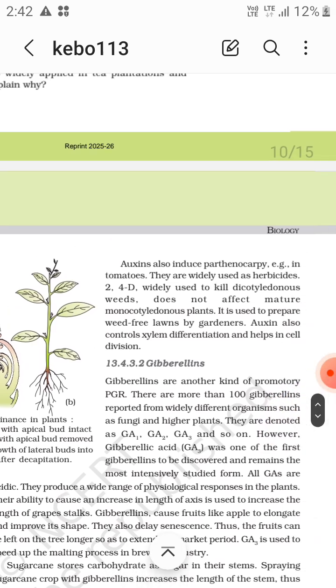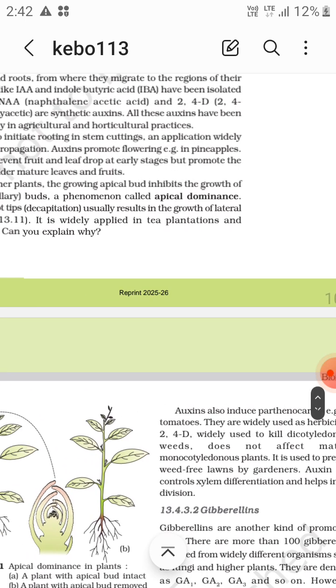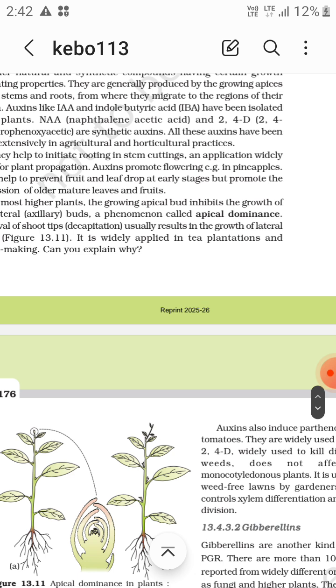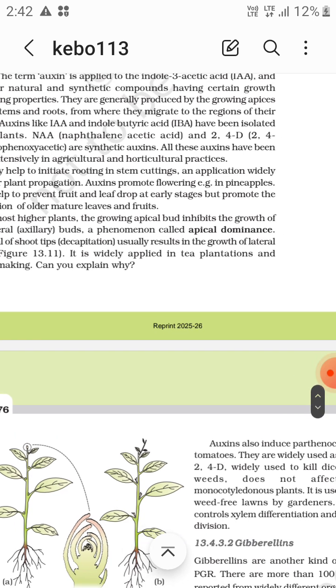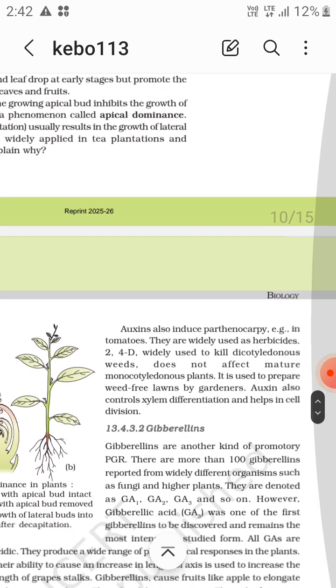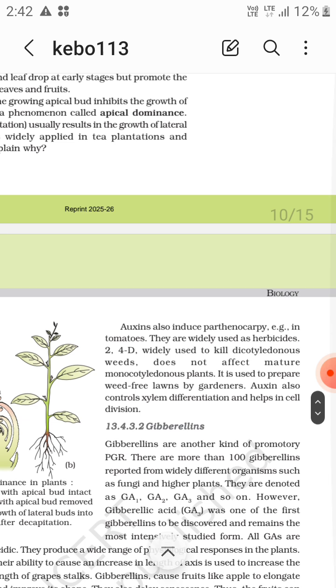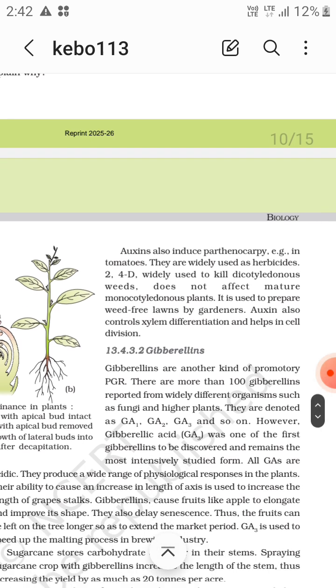Now auxins also induce parthenocarpy, for example in tomato. As you know, auxin promotes flowering in pineapple. Now auxins are widely used as herbicides, that is 2,4-D, dichlorophenoxyacetic acid.